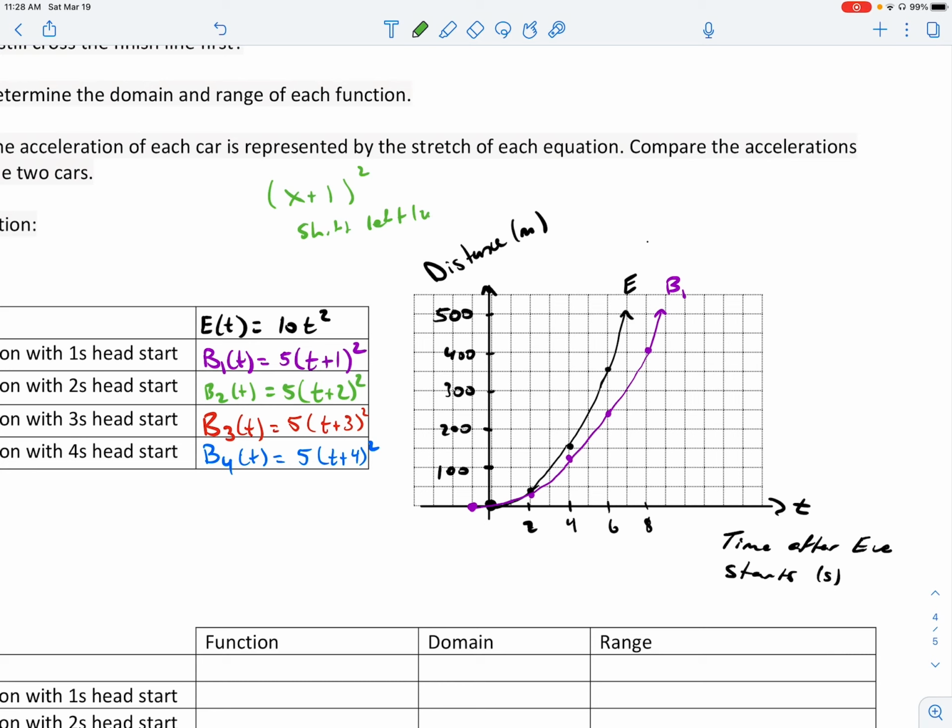Shift left 1 unit. So that's like the difference to go from the purple to the green, because we're adding 1 on the inside. So it's like shifting 1 over to the left. So that's how I'm going to handle this. I'm going to take all my purple points and bump them over 1 to the left.